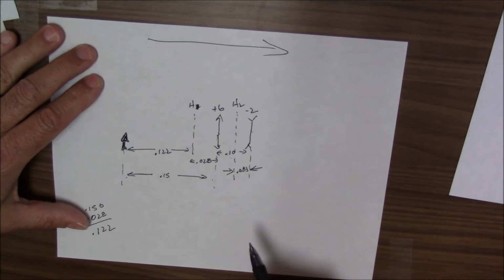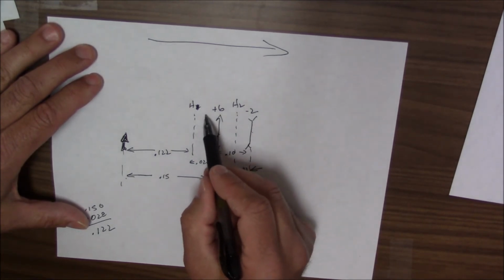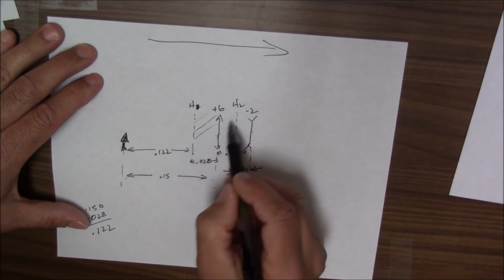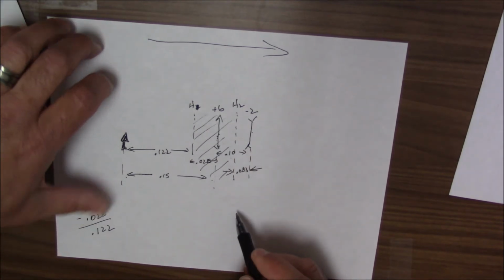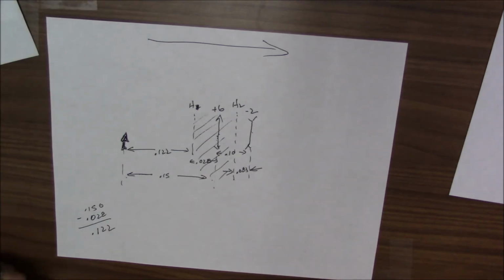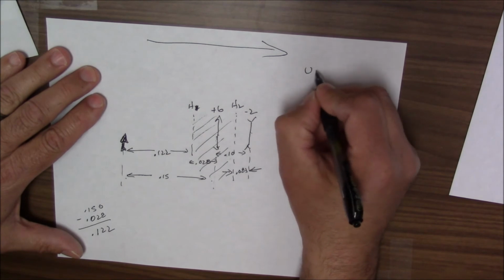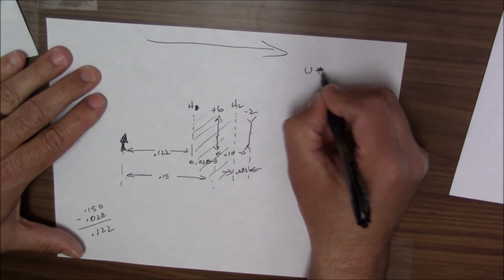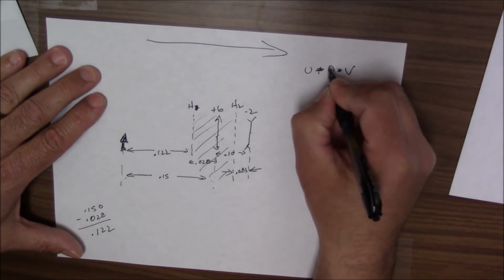Why do we want to do that? Well, once again, I don't want to worry about the thickness. And note that in the Gaussian system, nothing exists between these two planes here. So we can do a standard ray trace diagram, or we can just incorporate our normal U plus D equals V. U plus D equals V, that's the tattoo that you all have.